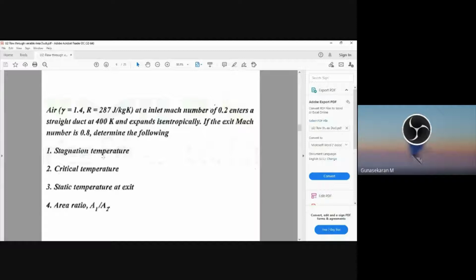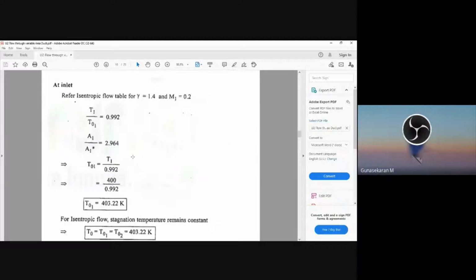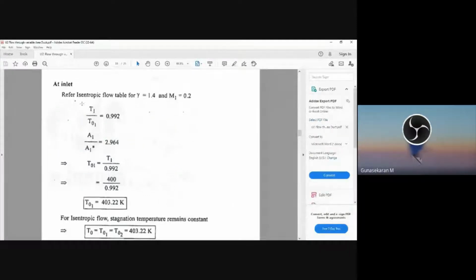Let us first try to solve this problem by using the table. We know the inlet flow condition, so by taking this condition, just refer to the gas tables.